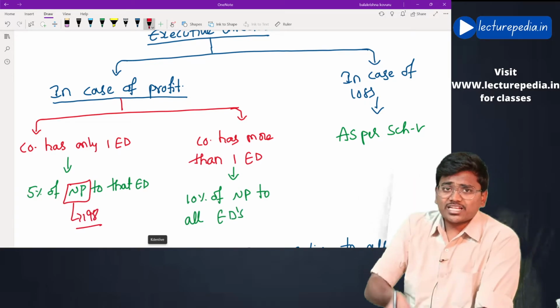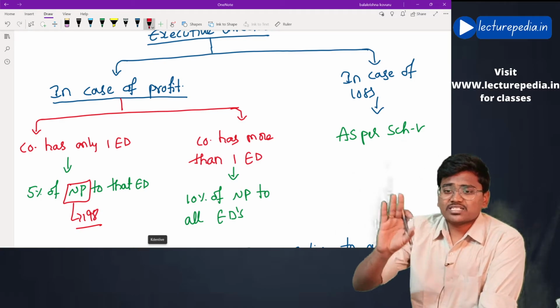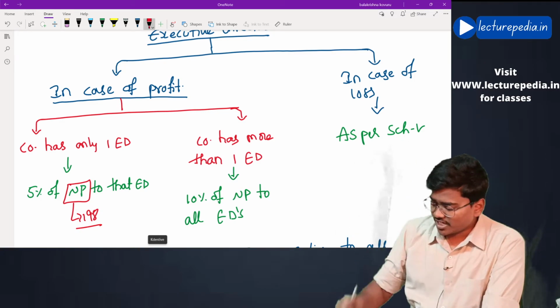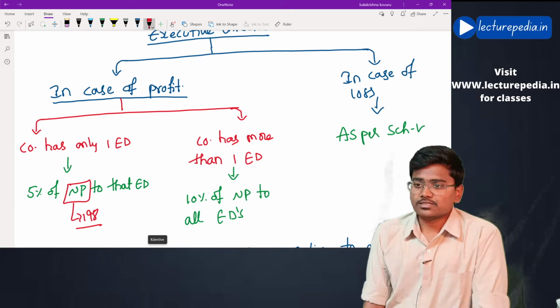There are various points of additions and deletions that have to be made for calculating net profit under section 198. Those points you please refer. I'm not going to discuss those points because they are just additions and deletions.